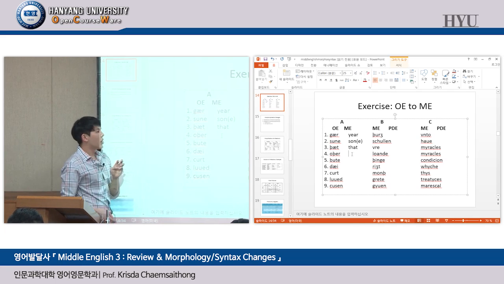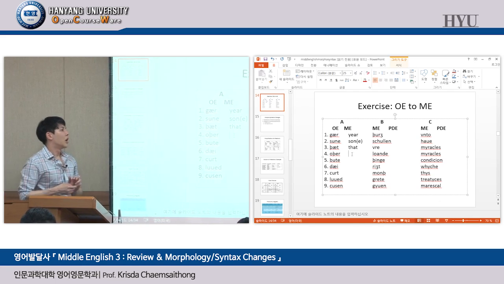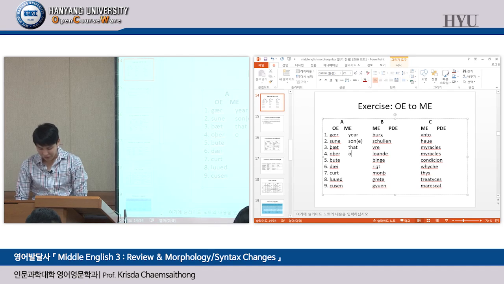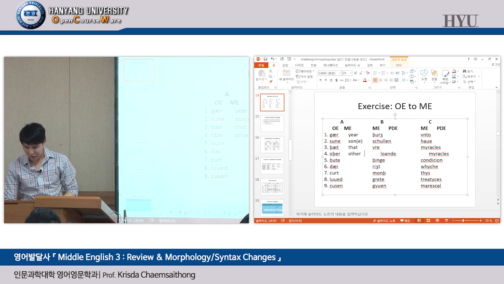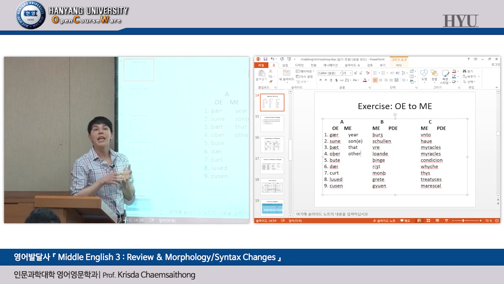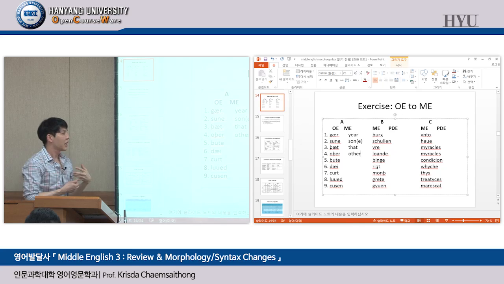And then number four, author. So we should have the word like this, because the thorn will become a TH in late Middle English.